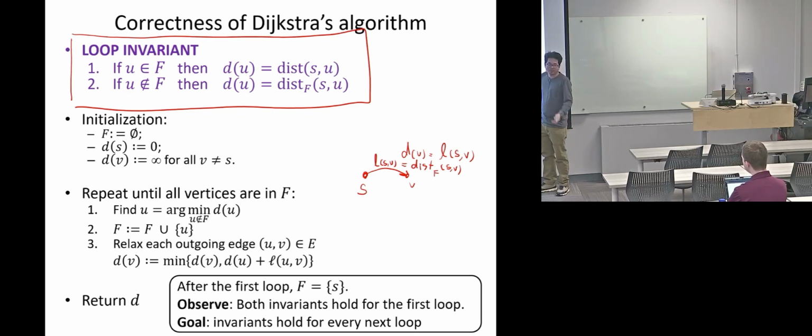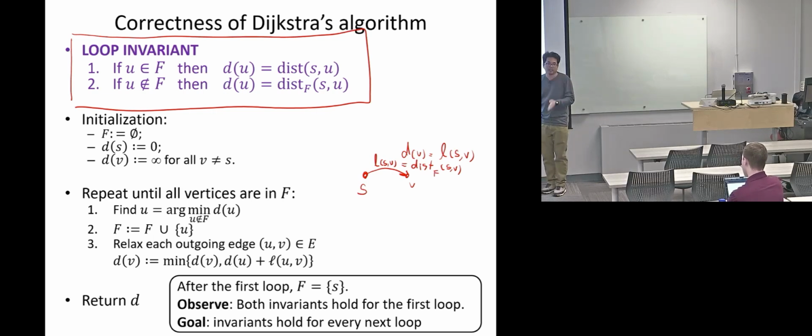Everyone who is not a neighbor is infinite. So the second invariant holds as well. All right. So now both invariants hold in the first loop.